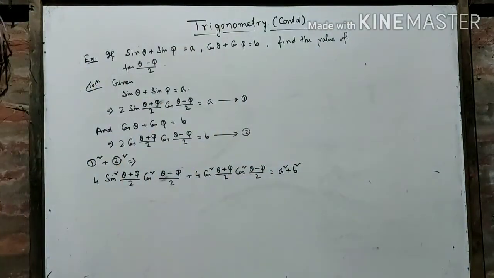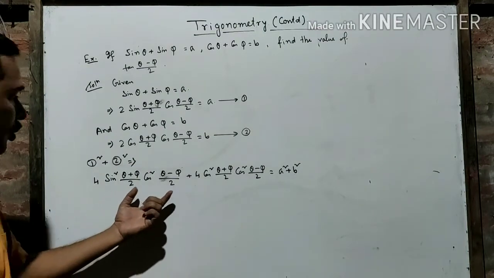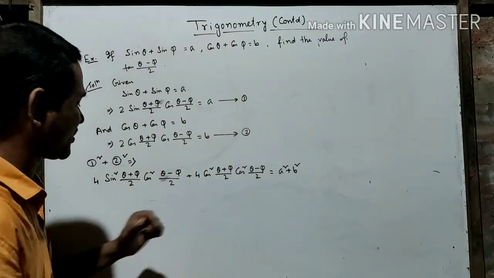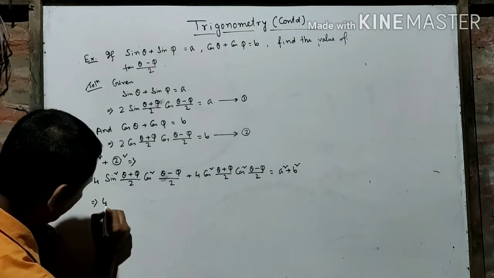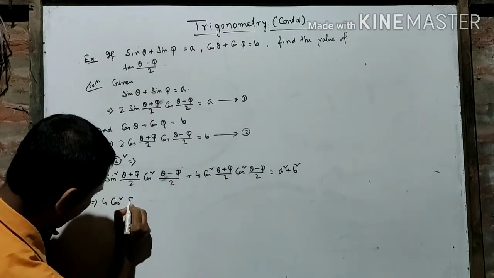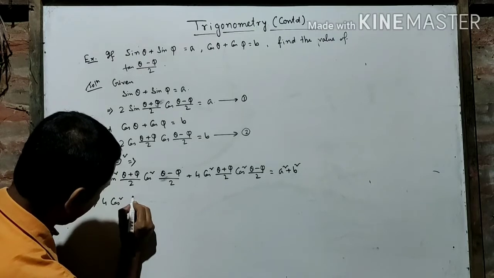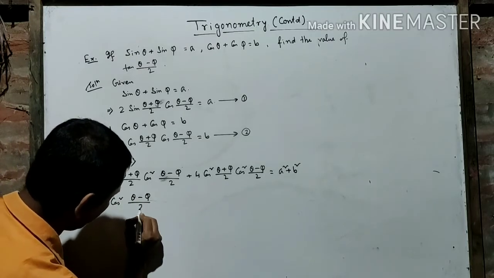Just squaring and adding. Now you can take common 4 cos square (theta minus phi) by 2.